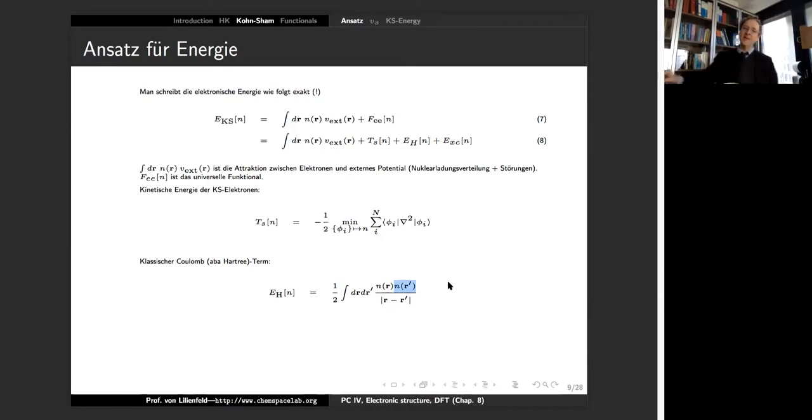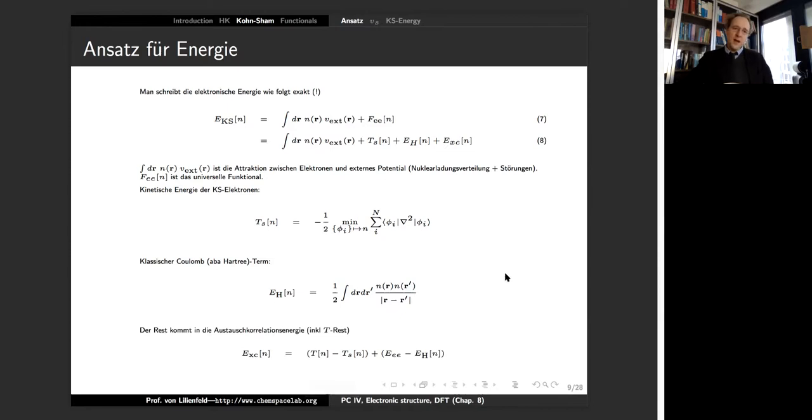And so this is just like in Hartree-Fock, and in Hartree you're overcounting things here. And then, as we said before, this exchange correlation term is the difference to the true kinetic energy and the difference between Hartree and the true potential electron-electron interaction energy.